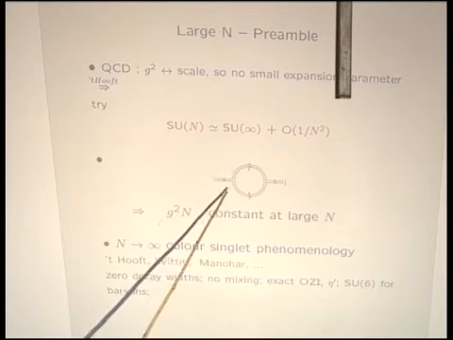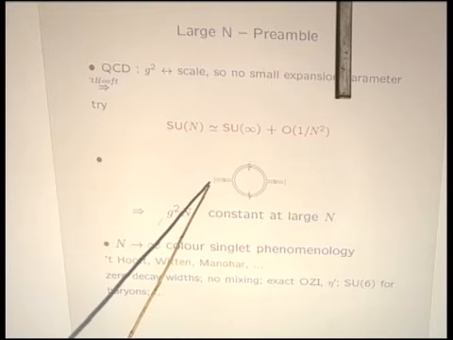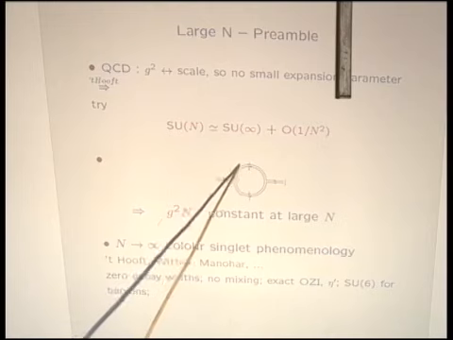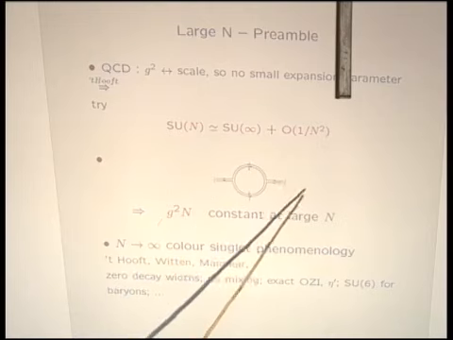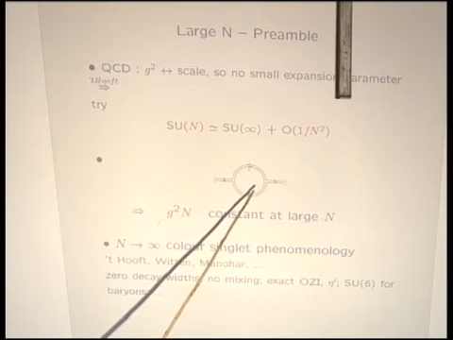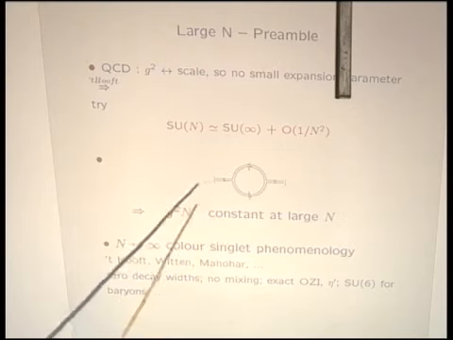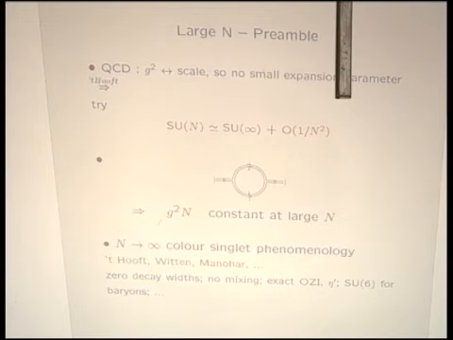And what you see in this kind of diagram, which is the gluon bubble here, is that the colors on the outside are fixed by the incoming and outgoing gluons, but then there is a sum over N on this internal line. So you get a factor of N in such a diagram, and then you've got 2 factors of g. So such a bubble is of order g squared N. And if you want a smooth limit, what you want is that the relative weighting of Feynman diagrams should be the same as N increases, and that means the relative weighting of these bubbles should be the same, and that means that you better keep g squared N constant.